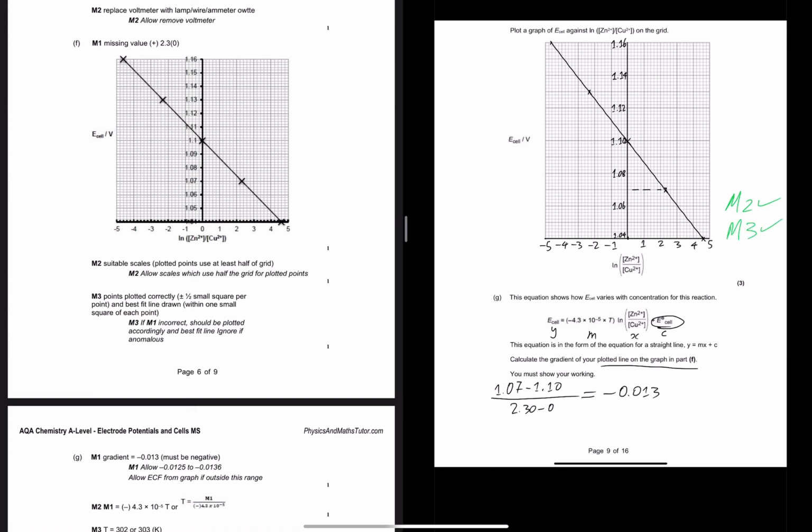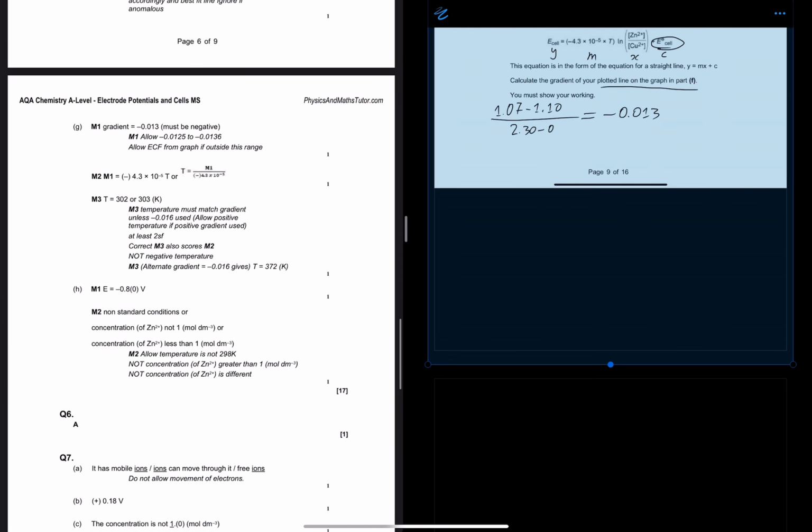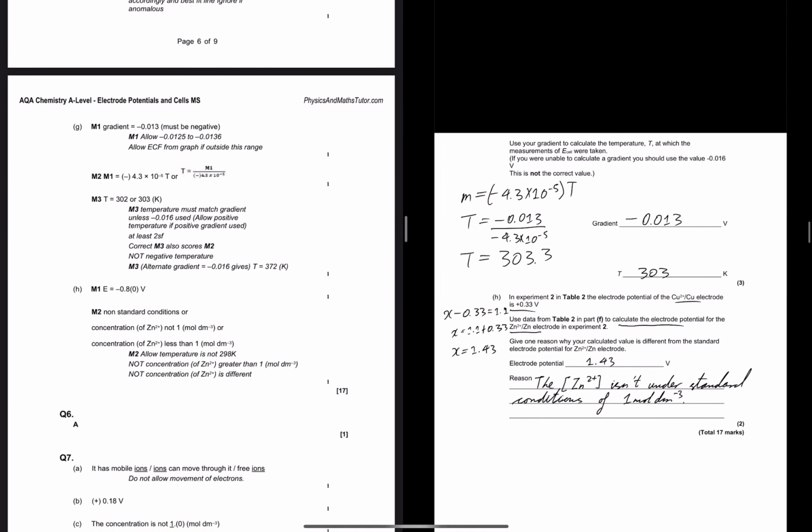Half a square, that's fine. Minus 0.013, that's the gradient. And then rearranging the equation, M2 and M1, so T is equal to whatever your M1 is over that, which I've done and represented here. And then an answer of 302 or 303, that's fine.